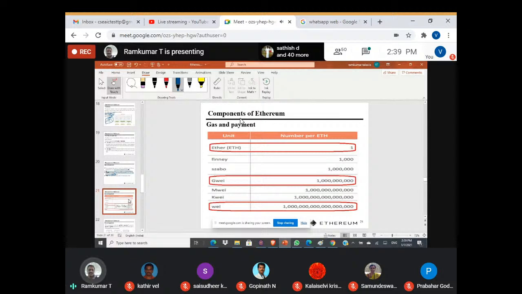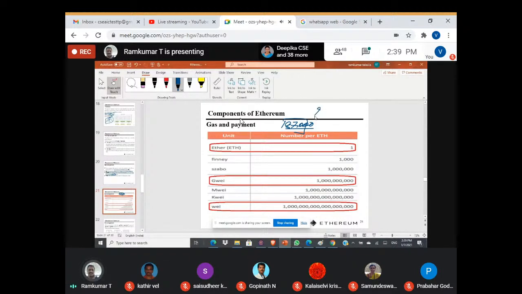Do you know what the ether cost is today? One ether costs around 87,000 today. Do you know what the cost of Bitcoin is right now?